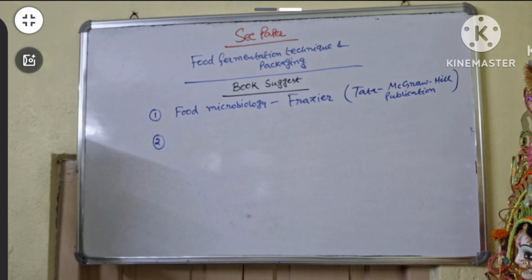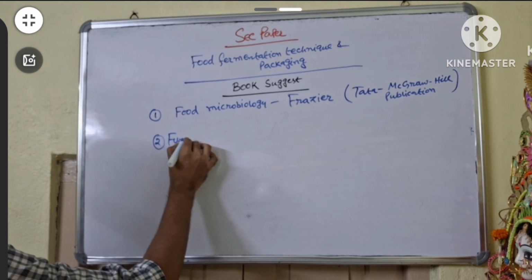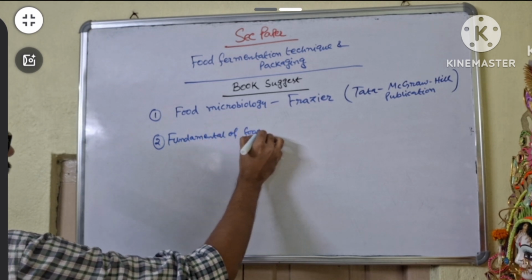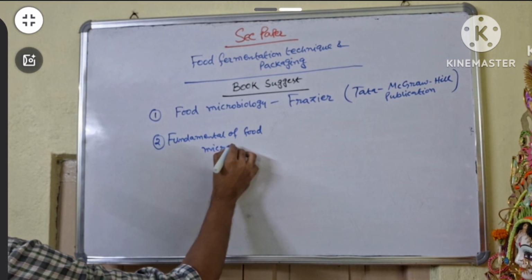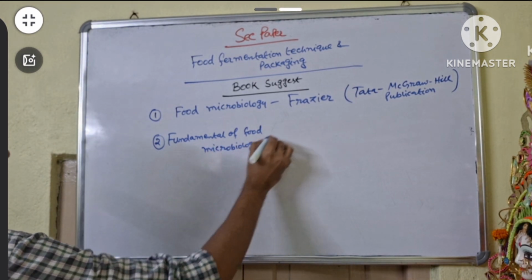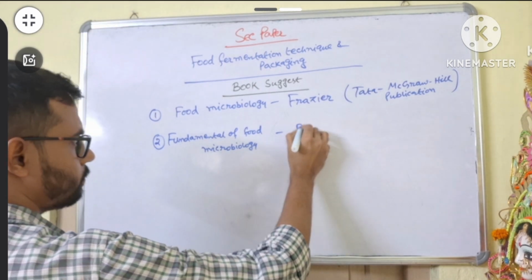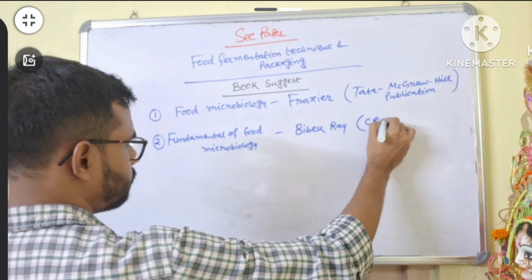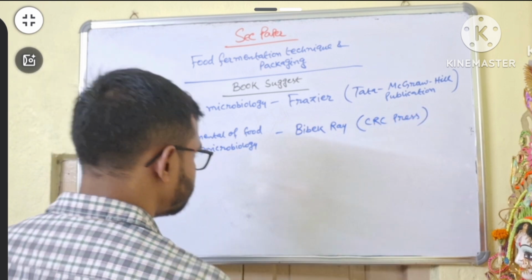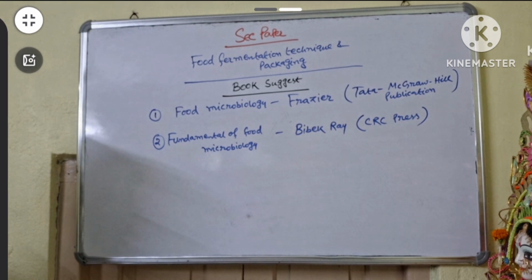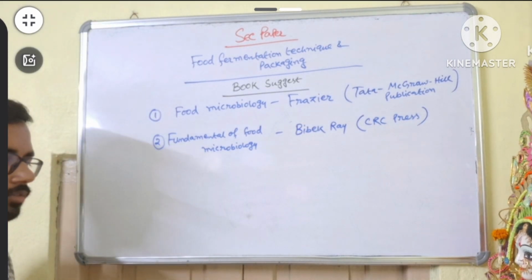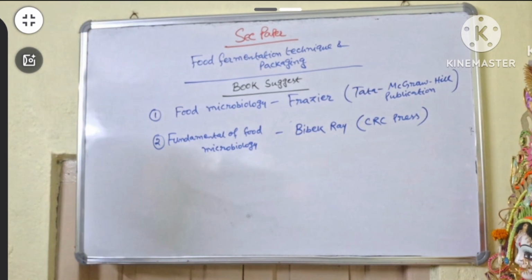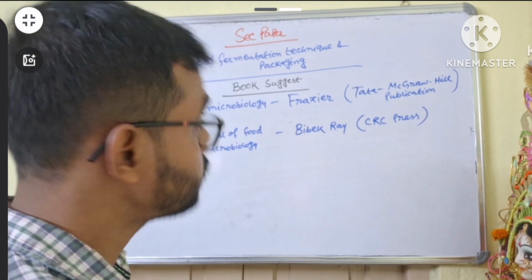And number two, Fundamentals of Food Microbiology by Vivek Ray, CRC Press, an Indian author. I repeat, these two books do not cover all the topics. Clear? So there is no specific book for this paper.